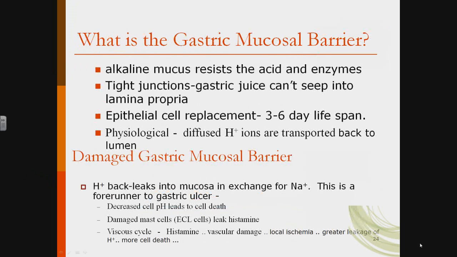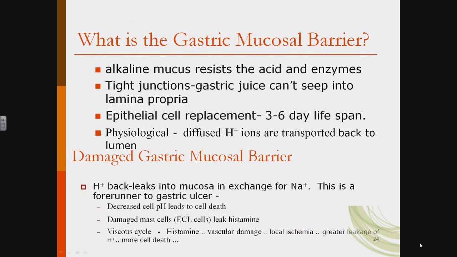So what is this gastric mucosal barrier? It's the bicarbonate-rich or alkaline mucus that resists the acid and pepsin, tight junctions between the simple columnar cells so that the gastric juice can't seep in between the cells and into the lamina propria, which is protein and sugars, and be digested. We need good epithelial cell replacement, a 3 to 6 day lifespan.